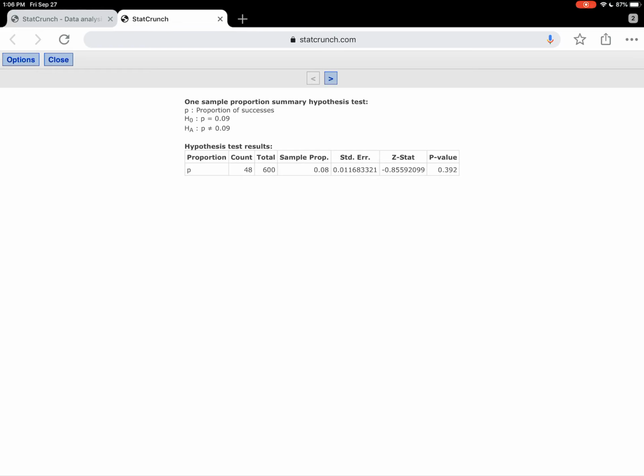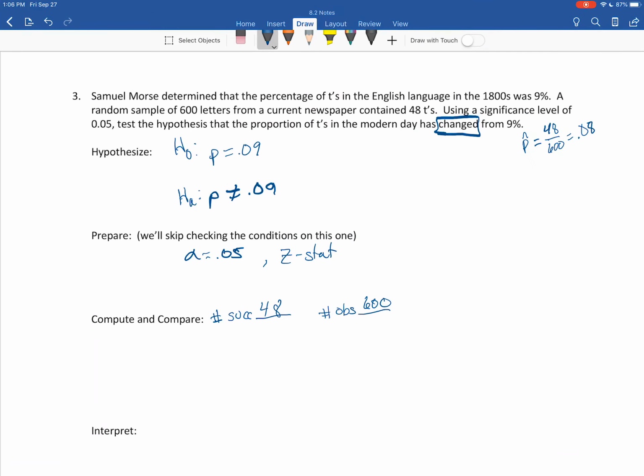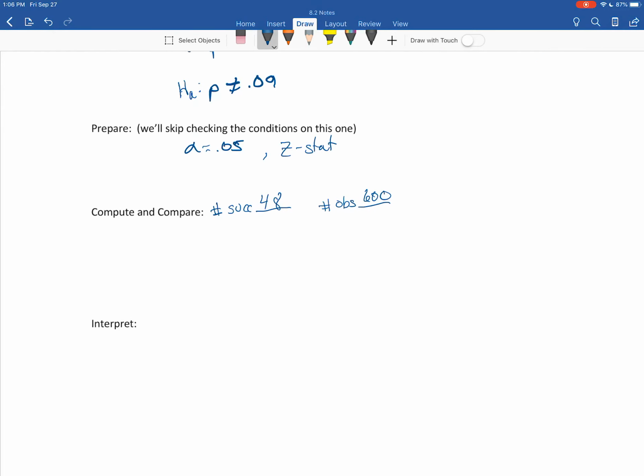Record our z-stat and our p, and then make our conclusion. So based on those values there, I'm going to go back and write them down. So the z came back as negative 0.86, I'm going to call it, and the p was 0.392.